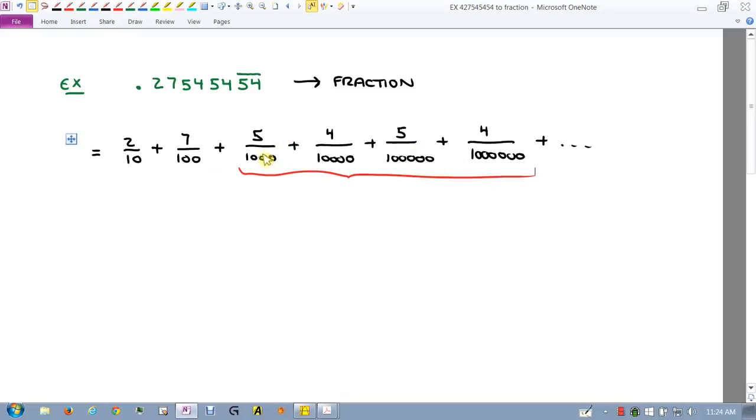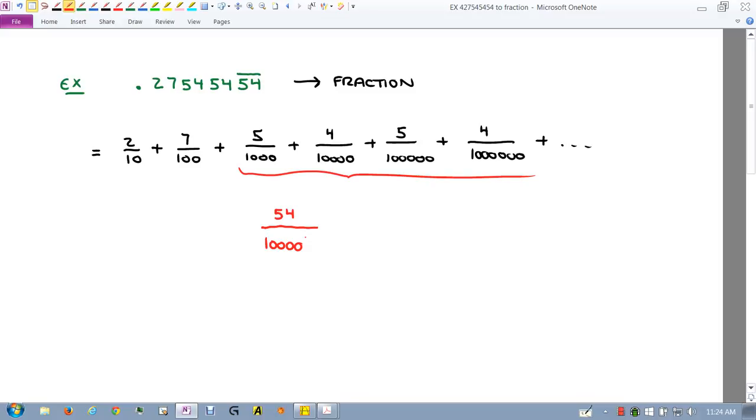So what's another way I could write this right here? I could turn this 1,000 into a 10,000, couldn't I? Multiplying top and bottom by 10, which would be 50 over 10,000 plus 4 over 10,000, which is 54 over 10,000?